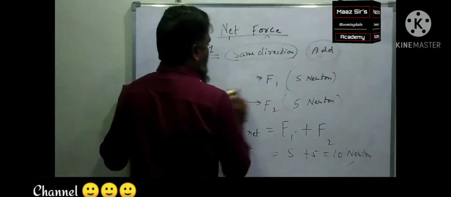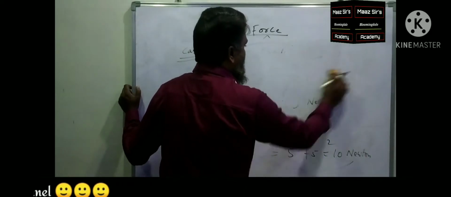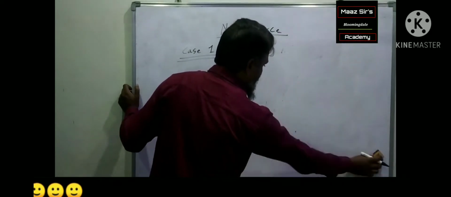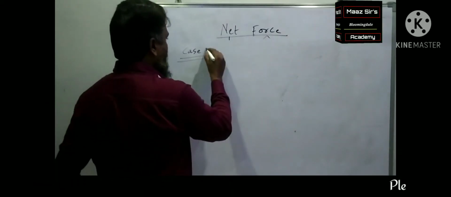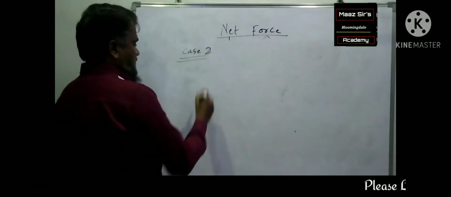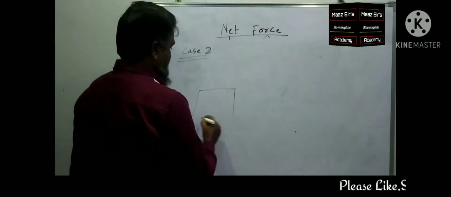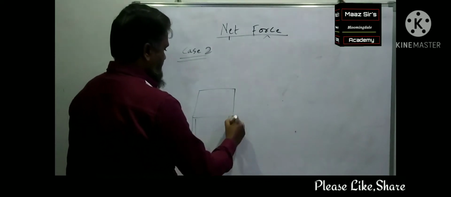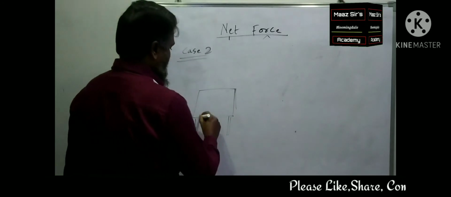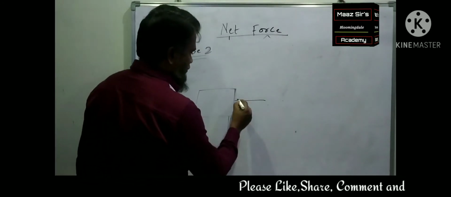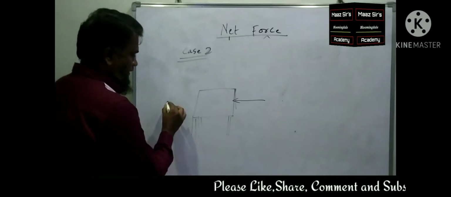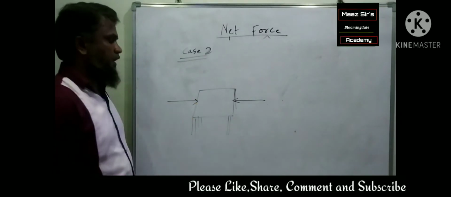Now we will see case 2. So what is happening in case 2? We see the same table. One student is pushing in this direction and the other student is pushing in this direction.